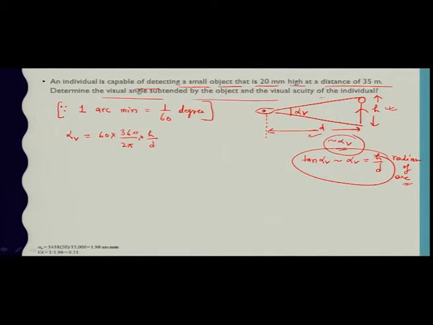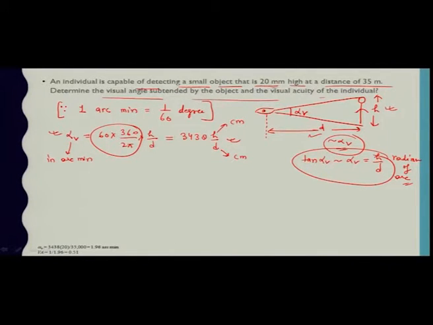After multiplying, this comes out as 3438 h by d. So this gives alpha v in arc minutes, where the height of the object h and the distance d from the eye are expressed in the same units.